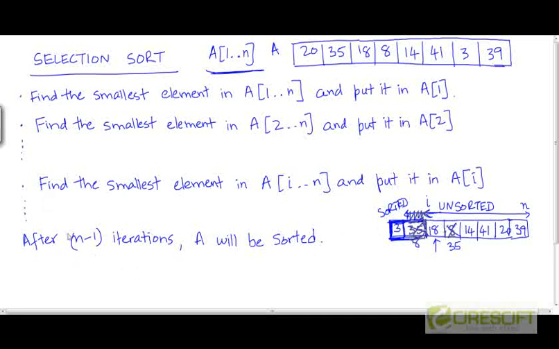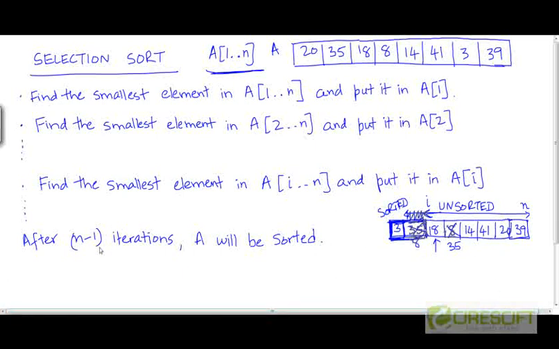each time we are going to extend the length of the sorted portion by 1. And after n minus 1 iterations, our sorted portion will have a length of n minus 1 and our unsorted portion will have a length of 1. And that's equivalent to saying that the whole array is sorted, because if there's only one element in the unsorted portion, that element must be the largest element in the original array.